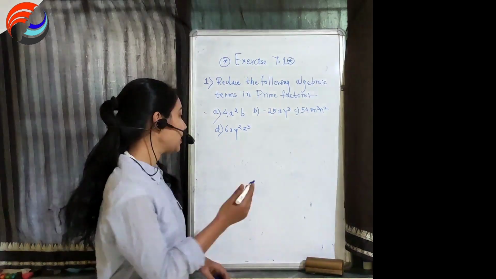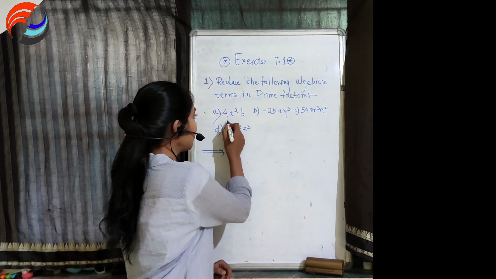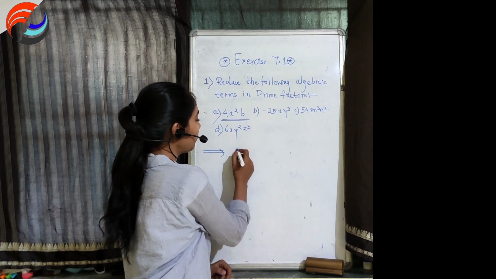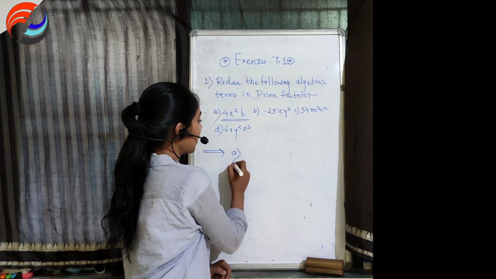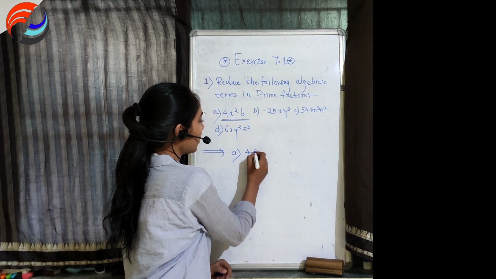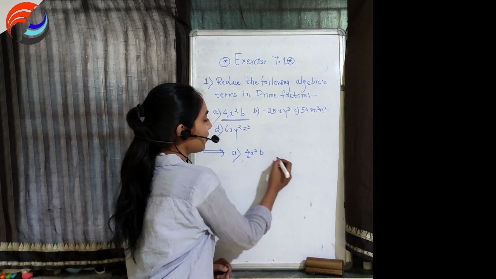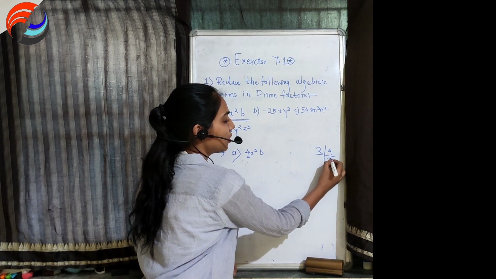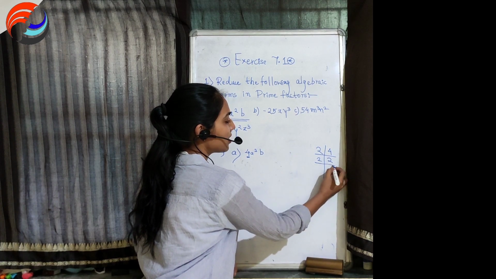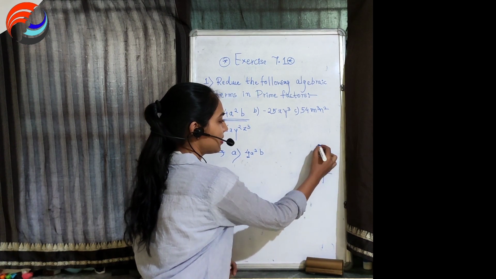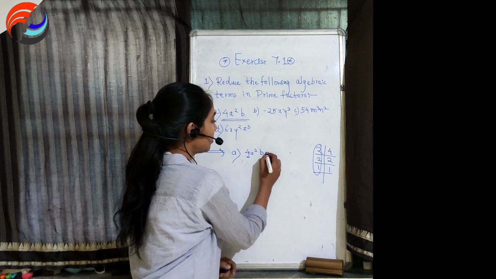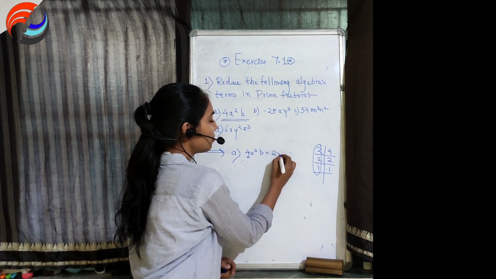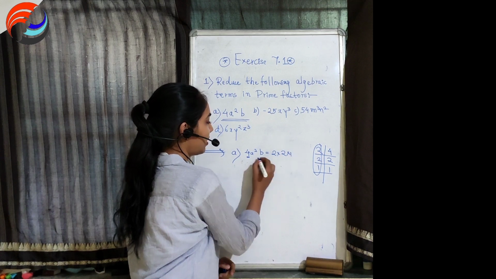First we will do the same method of finding factors of these monomials. So first is 4a square b. What are the factors of 4? Use the same method. 2 2s are 4, 2 1s are 2. So 4 can be written as 2 multiply 1.